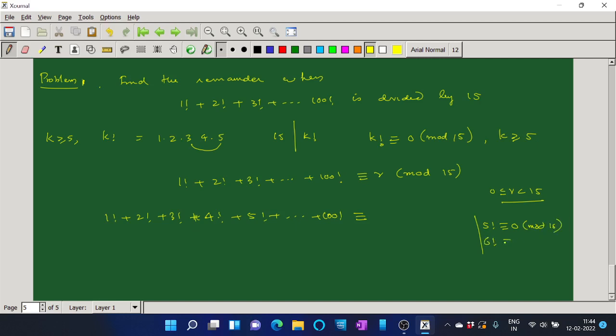6 factorial is clearly congruent to 0 mod 15, etc. 100 factorial is also congruent to 0 mod 15.